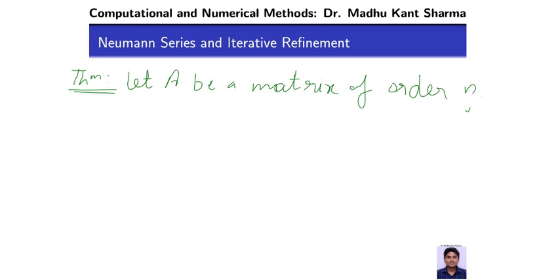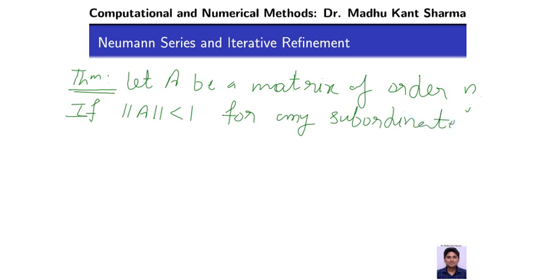If the norm of A is less than 1 for any subordinate matrix norm, then I minus A is invertible.